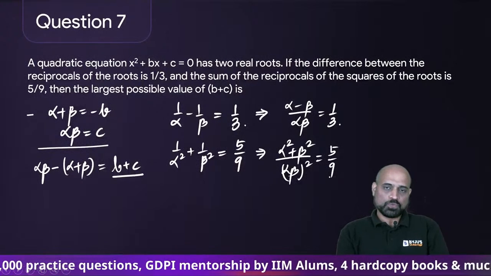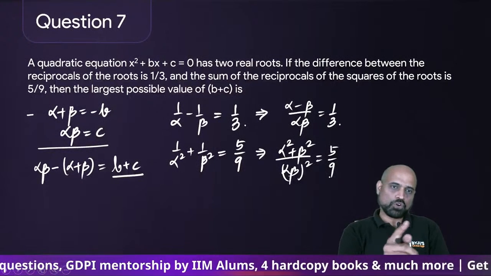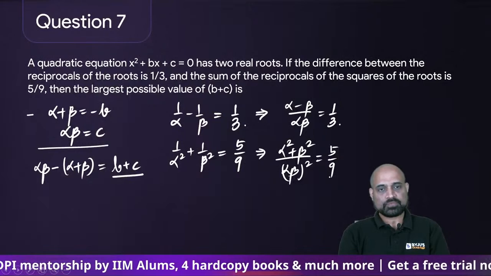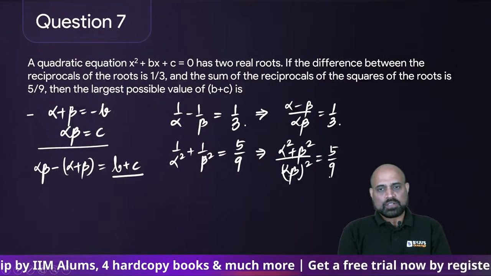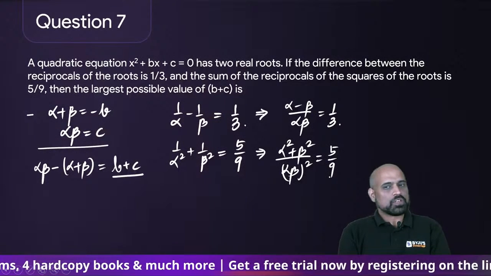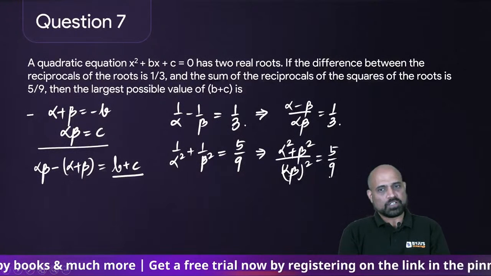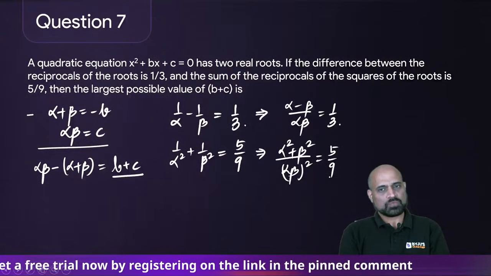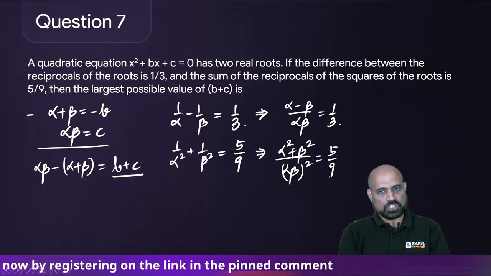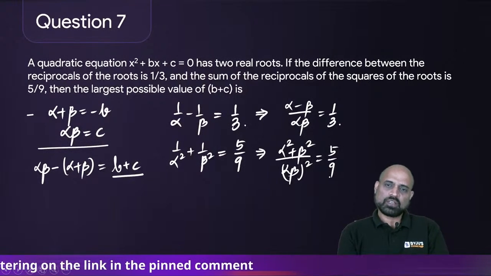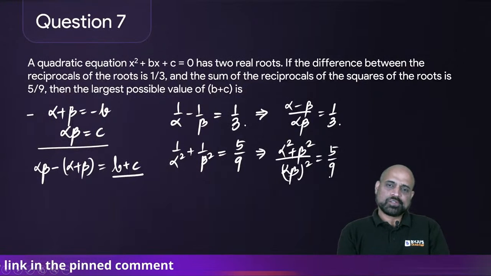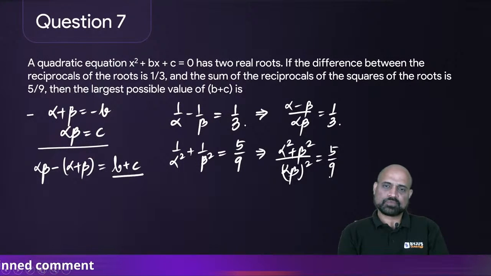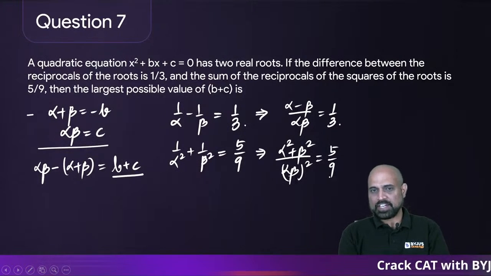So this is what we get. और हमें वो combo बनाना है. Should we solve for the value of alpha beta? या हम कोई और लॉजिक लगा लें? If we square it, we'll get 1 by 9 and we get 5 by 9.